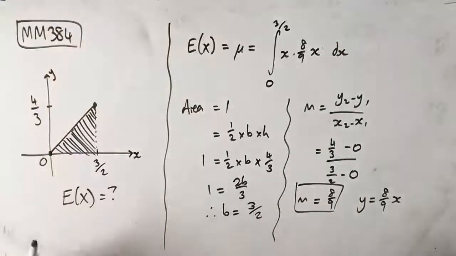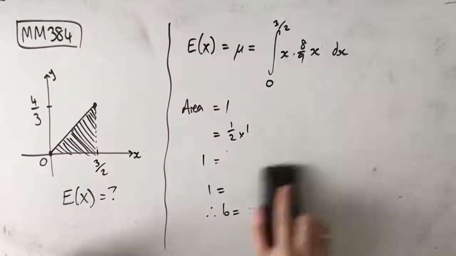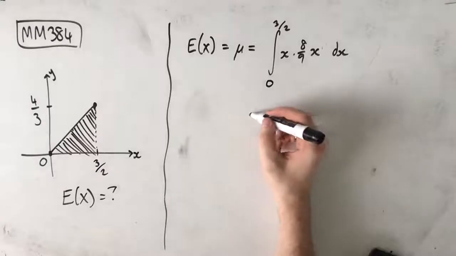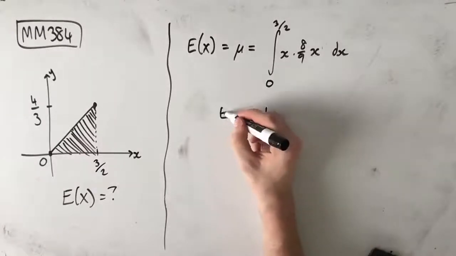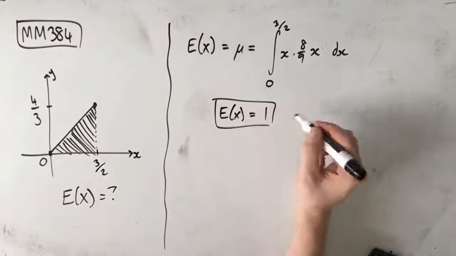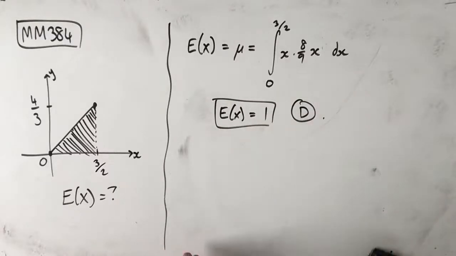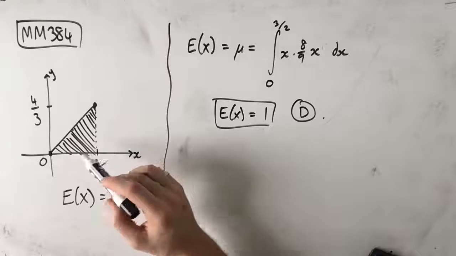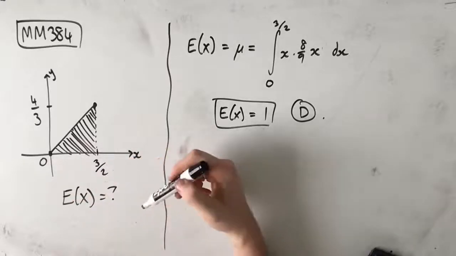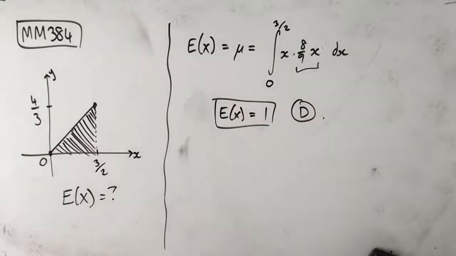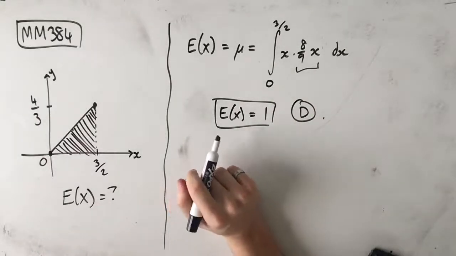Now, keeping in mind that we have our CAS available to us, we would just use this straight away, and if we plug this straight into our CAS, what we get is 1. So E of x is equal to 1, which gives us our answer of D, 1, and that's it for MM384.